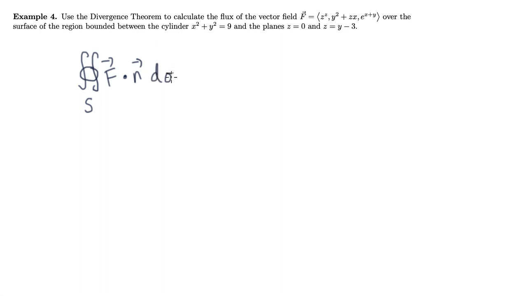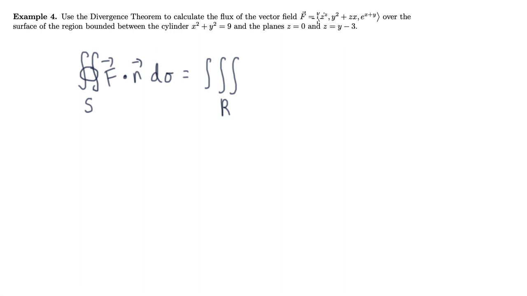So what we do want to do is convert this to a triple integral of the divergence. And so the volume region, we'll call R, we'll describe in a second. It's going to turn out to be a little bit easier to describe in cylindrical coordinates, but we'll get to that. But we're just integrating the divergence. And so what is the divergence?